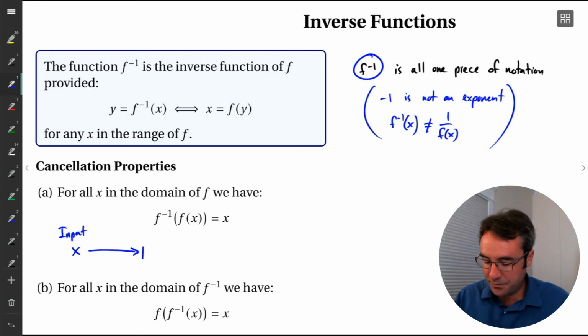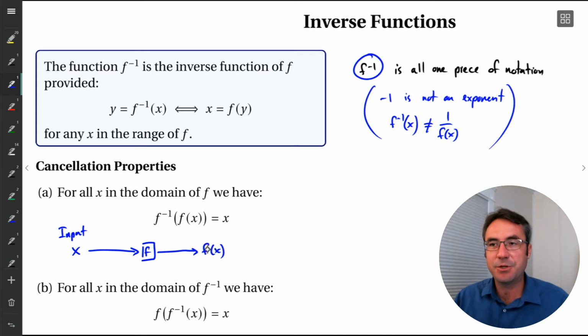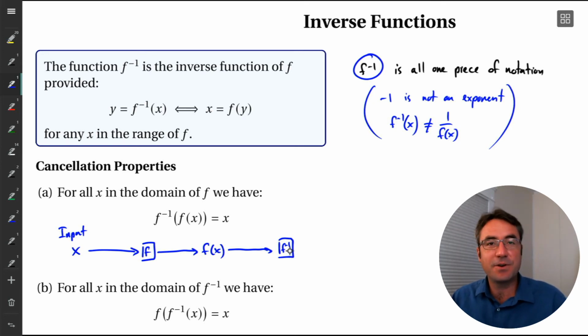We plug it into function f, which gives us f of x. Then we take this result and plug it into the inverse function of f, and the inverse function effectively undoes what function f did and takes us back to where we started.